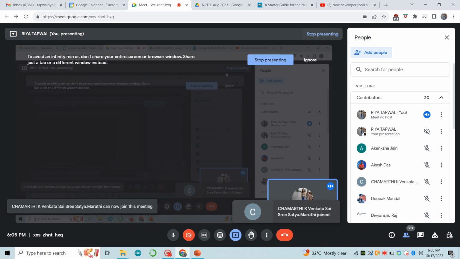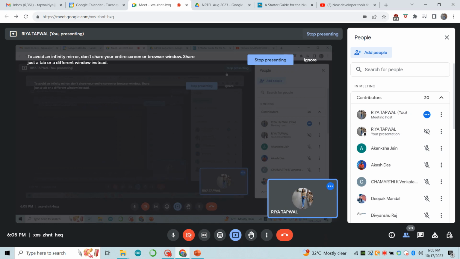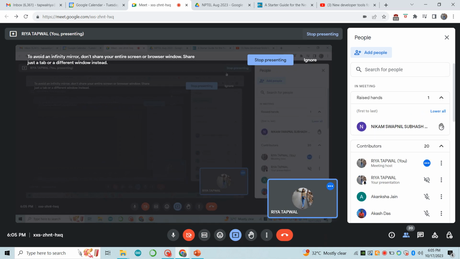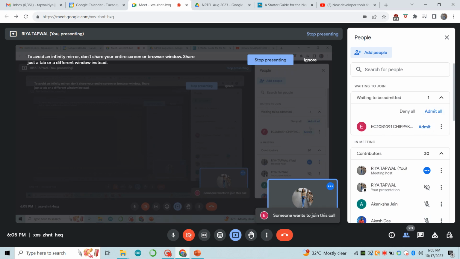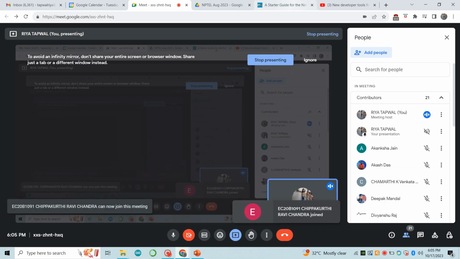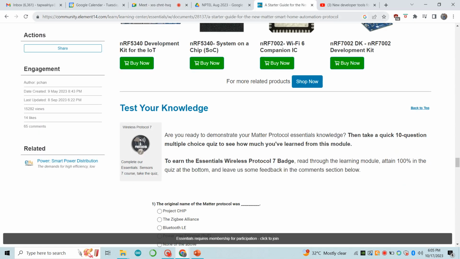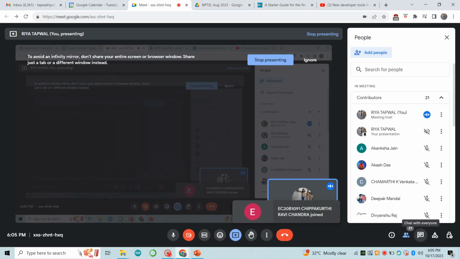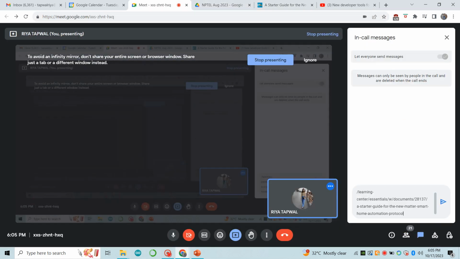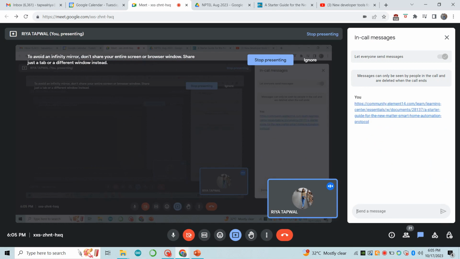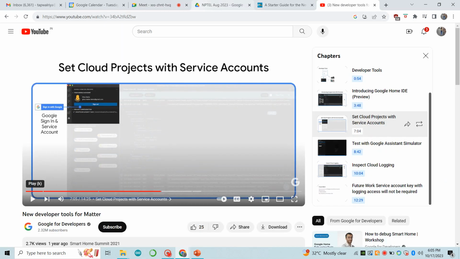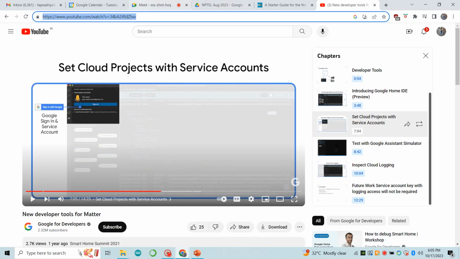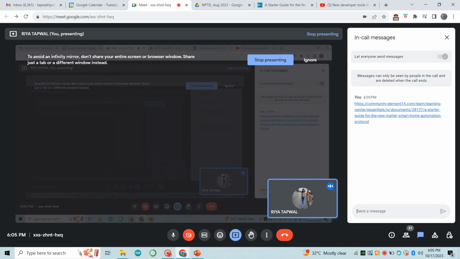Basically it assigns IP addresses to different devices, and with the help of those IP addresses the data can be exchanged between these devices. These are the two links I'll provide you. You can go through these links if you want to explore more about how this Matter protocol exactly works.